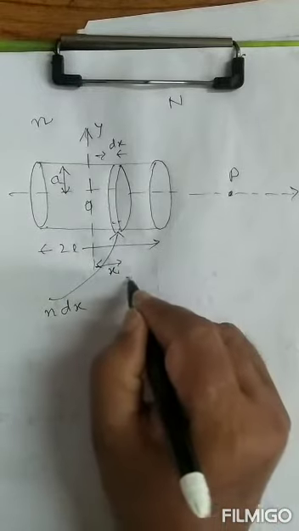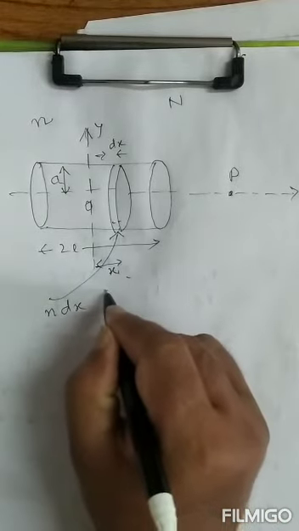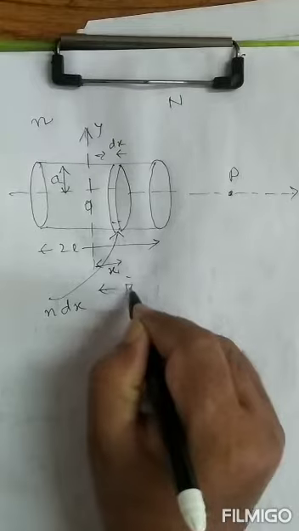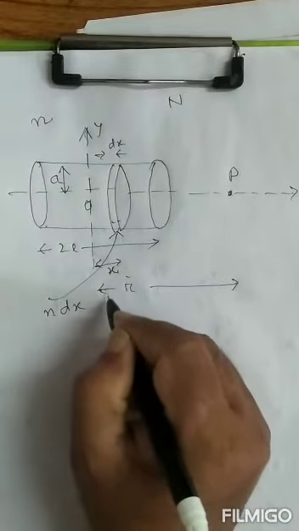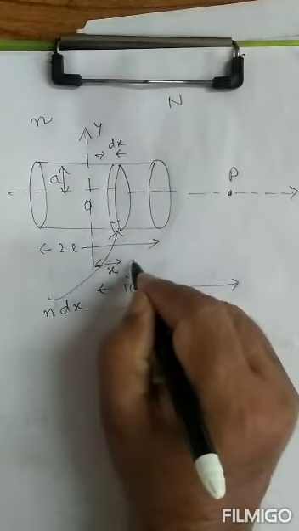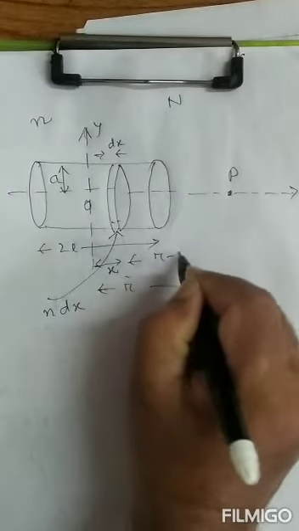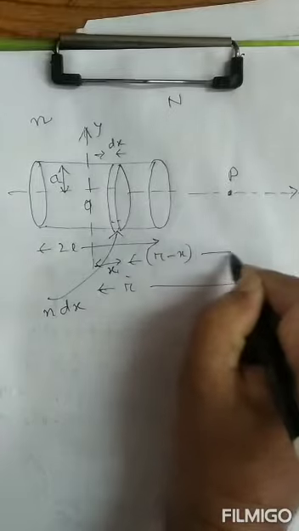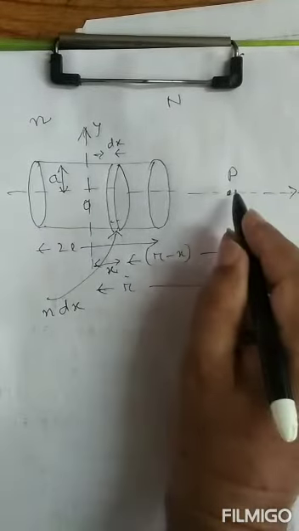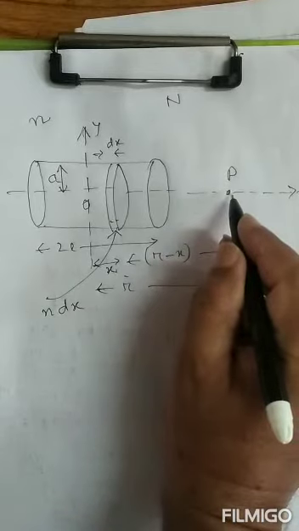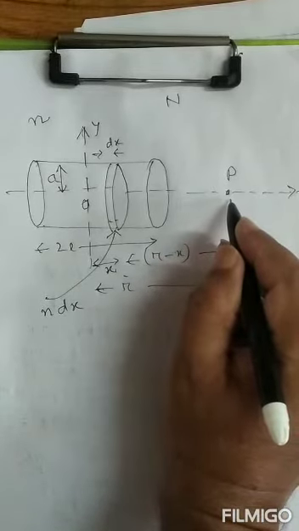Then what is this distance? Let us assume that the point P is at a distance small r from the center of the solenoid. Therefore, this distance will be r minus x. Small r is the distance of the axial point where we want to find the magnetic field induction.